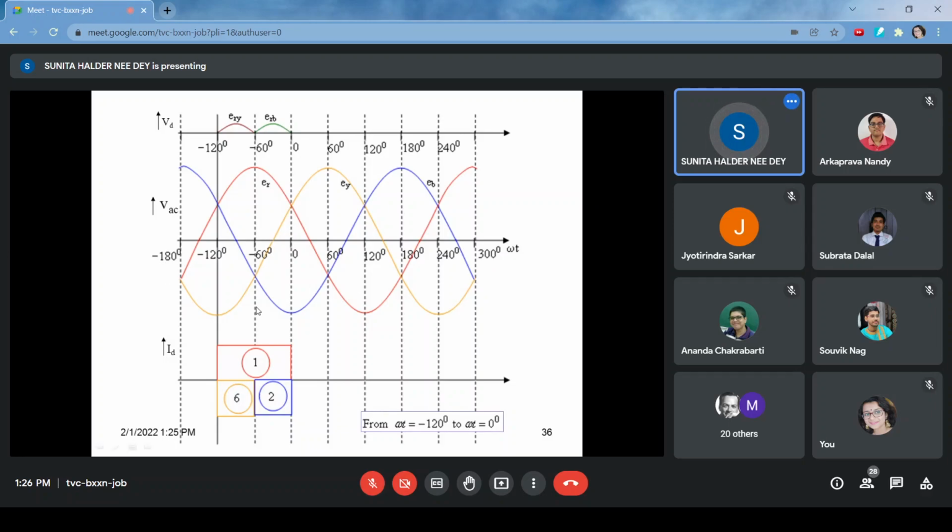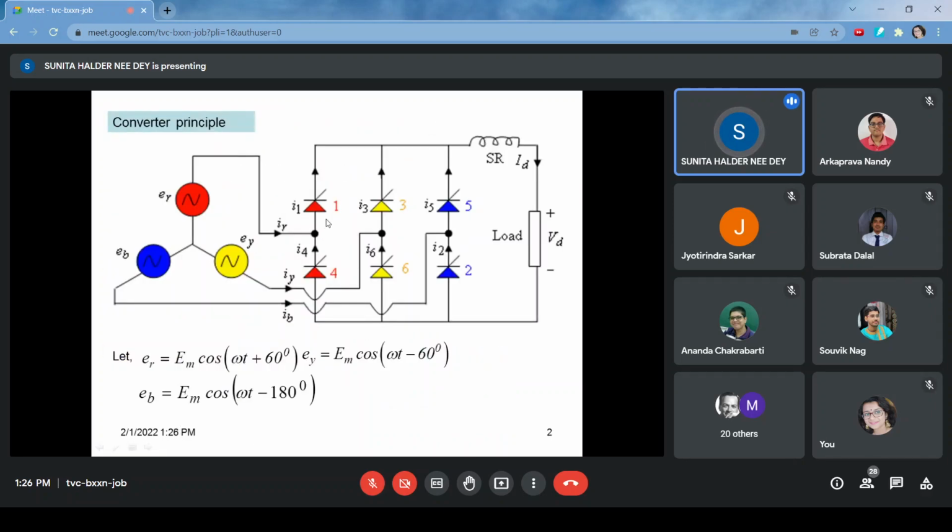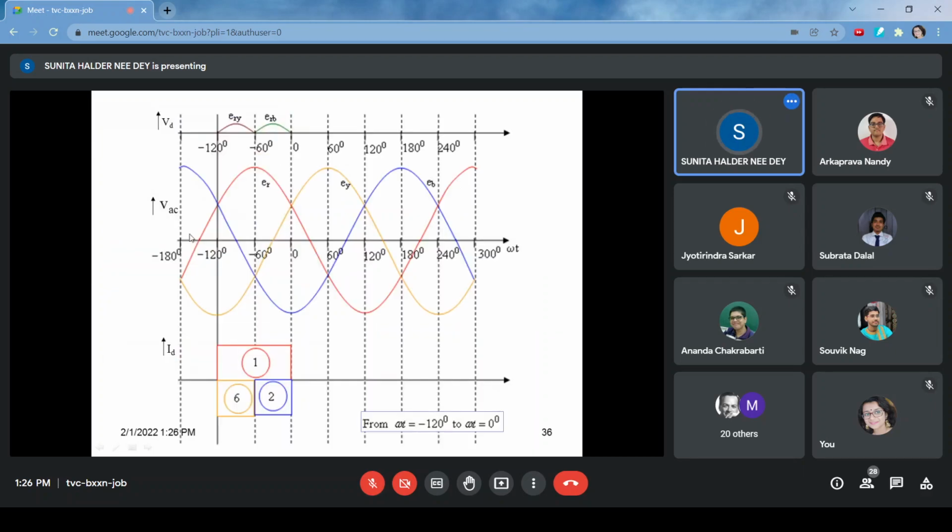So here you see in the circuit I have told you at first, this is our common practice, that R phase will be positive. Let us assume at first that R phase is positive. R phase is most positive at this moment, or at this point, right? So either at 240 or at 160, as the waveform I have taken is 360 degrees apart.